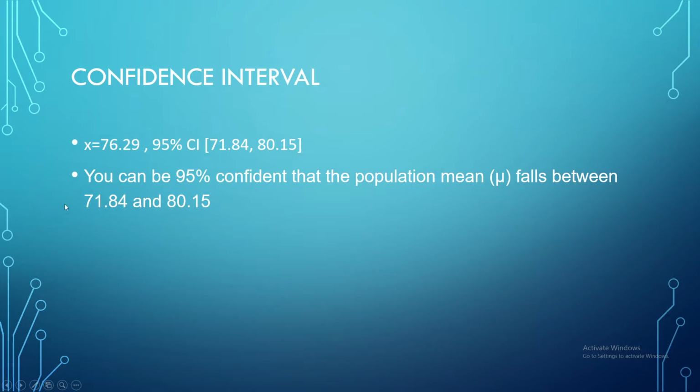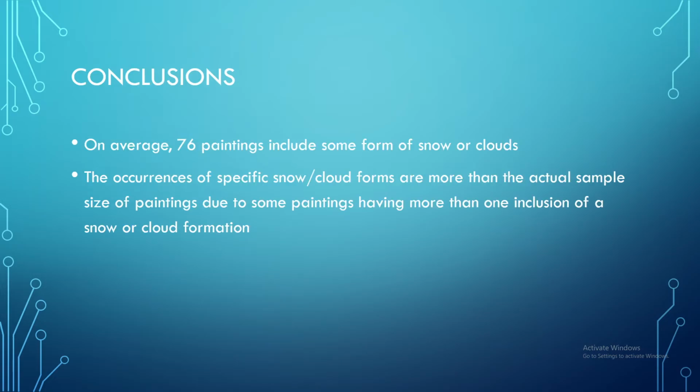We would probably have to round these down, for again, you can't really have a fraction or a decimal of a painting, so we could say 71, or round it up, but I prefer to round down. So between 71 and 80 paintings.